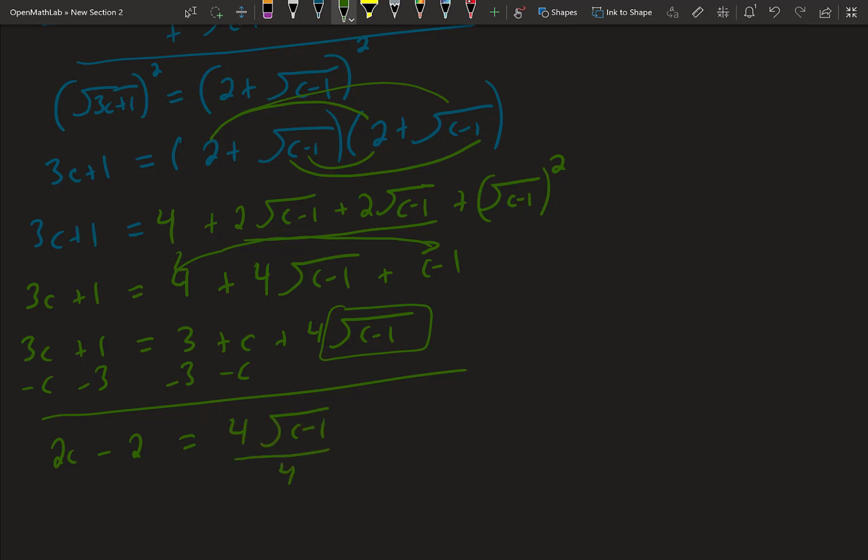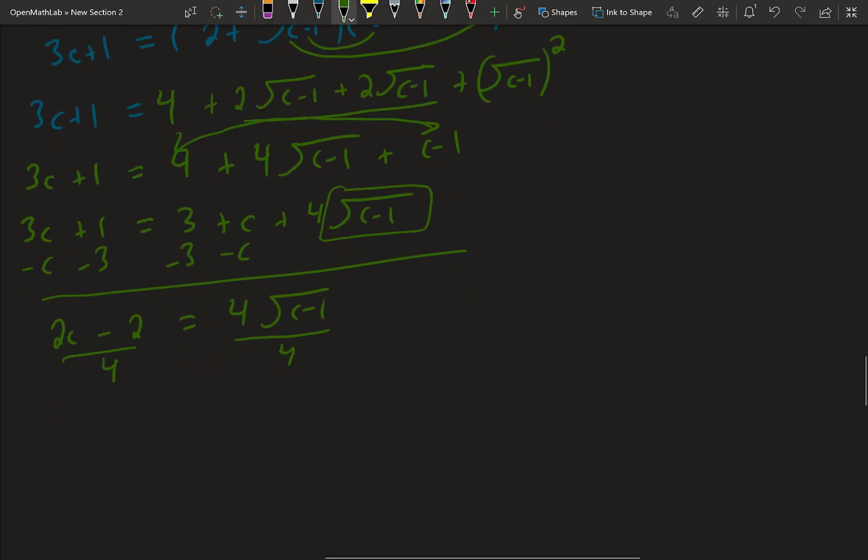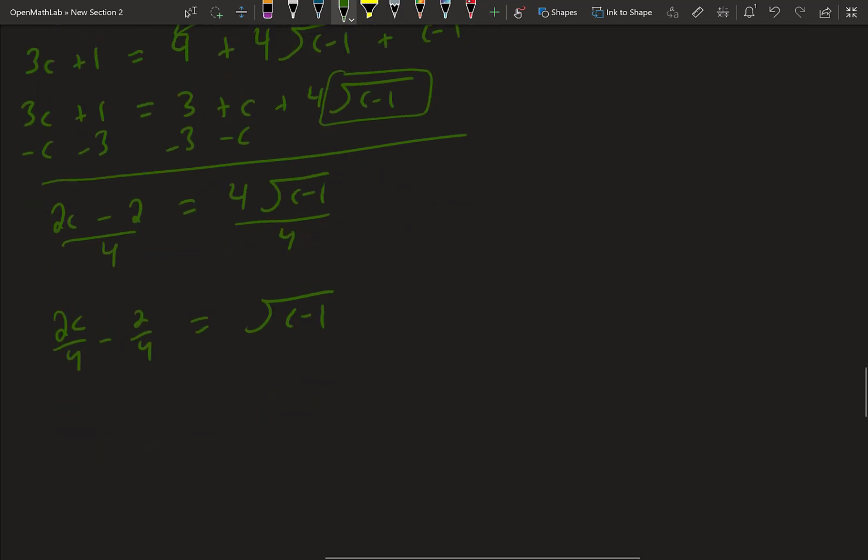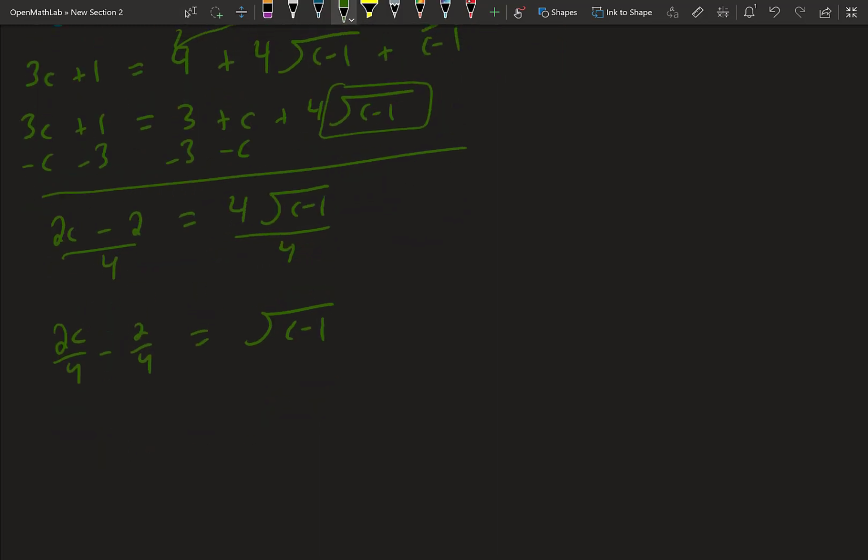And then now we could divide both sides by 4. And I get, this would be 2c divided by 4 minus 2 divided by 4 equals the square root of c minus 1. Which could be reduced to be basically 1/2 c minus 1/2 equals the square root of c minus 1.